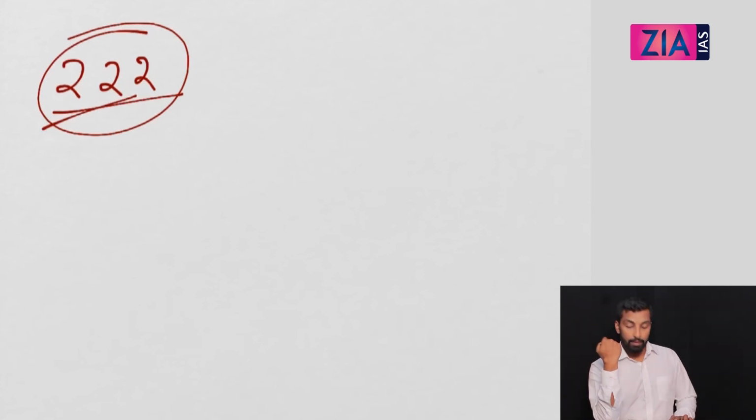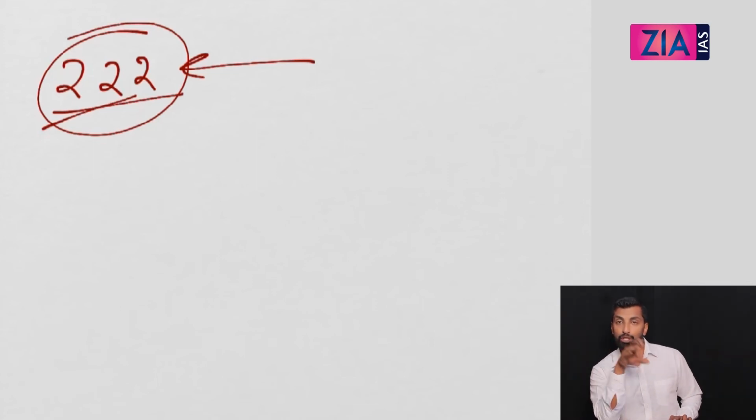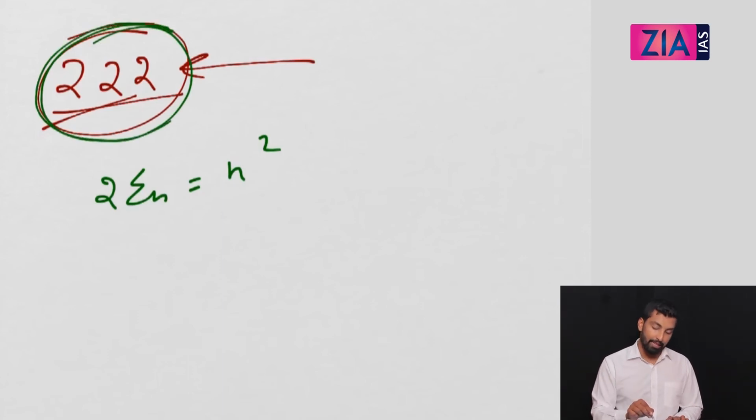So 222 is what you are trying to find out as sigma n, but mistakenly you got 222 by adding one page. This is actually a number which is close to a sigma n number. So we need to find the nearest sigma n number and take the difference. We know 2 times sigma n is equal to n square. For the time being, assume that this is the sigma n number, because he is trying to find sigma n.